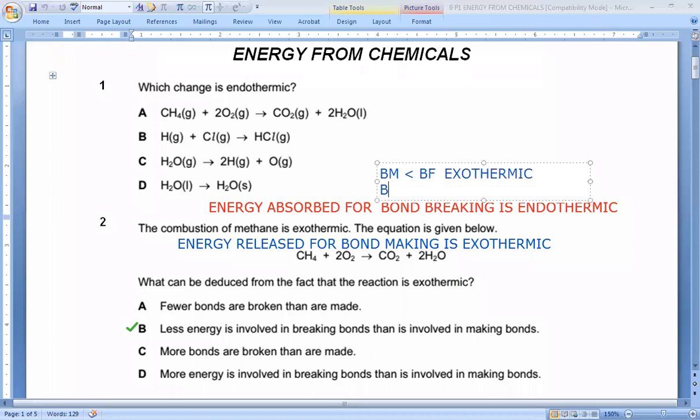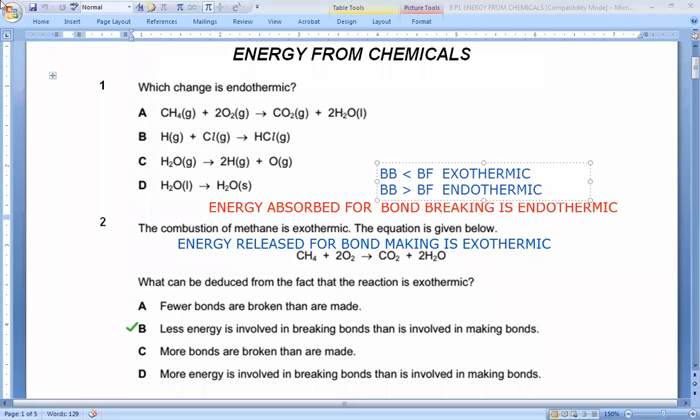Bond breaking energies are less than bond forming energies, so it is exothermic, and if bond breaking energies are greater than bond forming energies, this must be endothermic. This is the logic behind exothermic and endothermic.